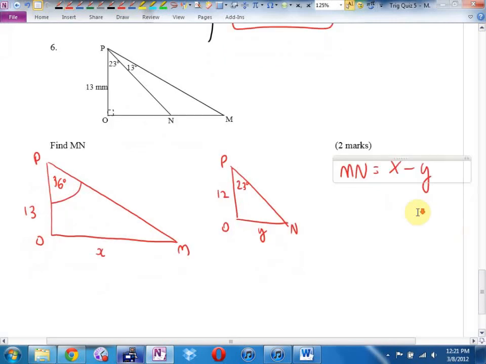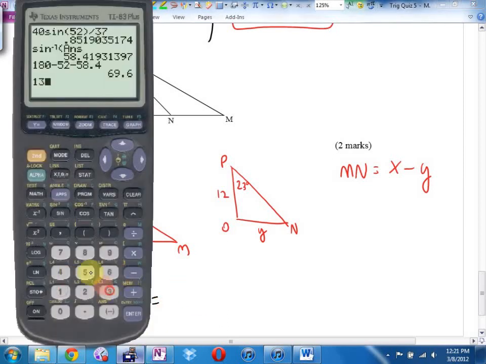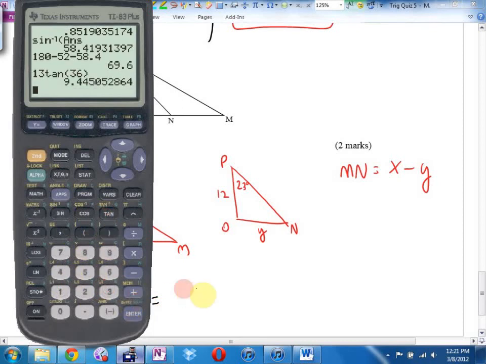So, here we go. Opposite, adjacent. Tangent of 36 equals x over 13. X equals 13 times the tangent of 36. 9.445.